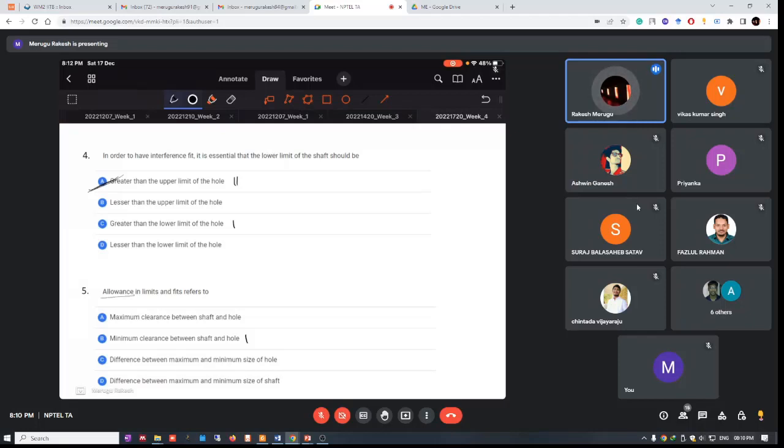Do you remember what is allowance? Difference in fundamental deviation. Okay. Minimum clearance. Okay. Yeah, there are so many terms. Can I say difference between max and min material limits?